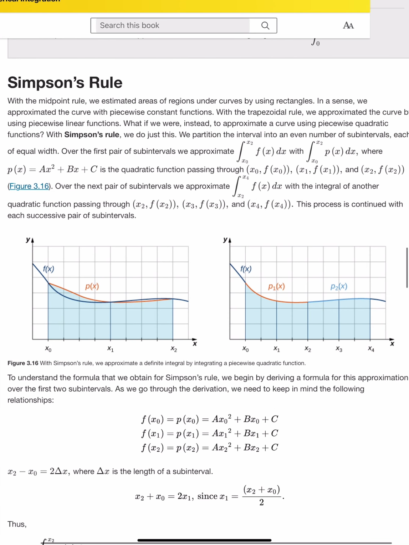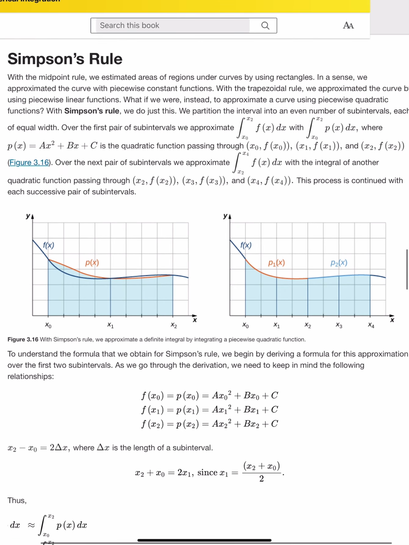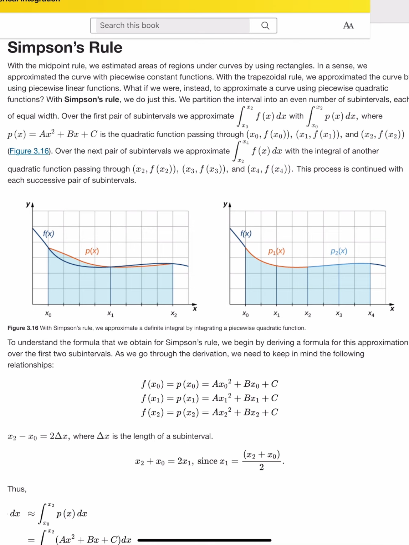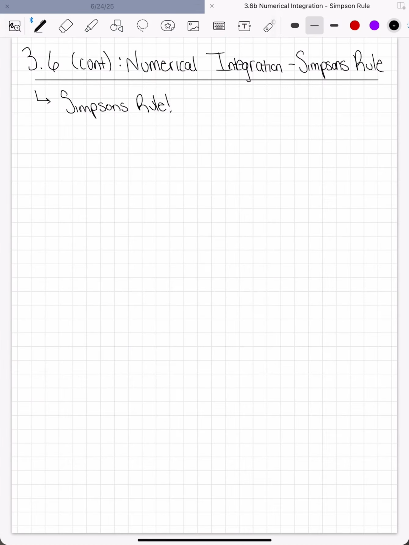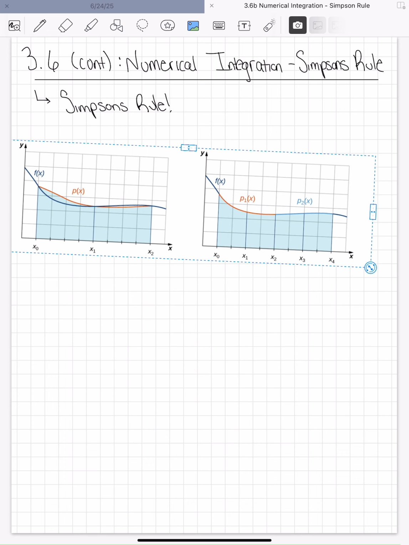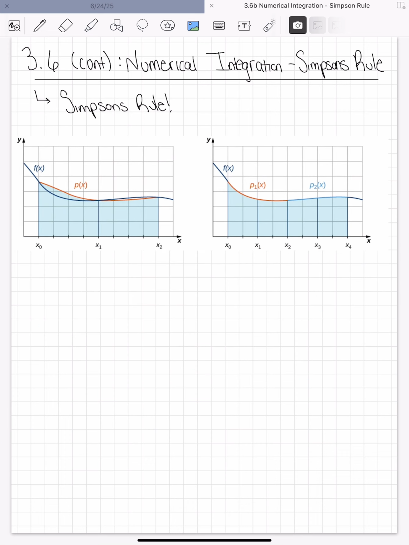And so right, this is the textbook here, and if we look at these images, what's going on is that we're basically using polynomials to estimate the area under the curve, right? So if we take a look at this image, the first polynomial goes from x0 to x2.